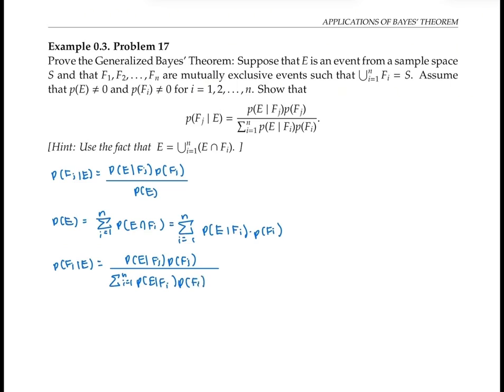And that is it. We have arrived at our final step. So we have fully derived this formula, and that is the end of the proof of generalized Bayes' theorem.